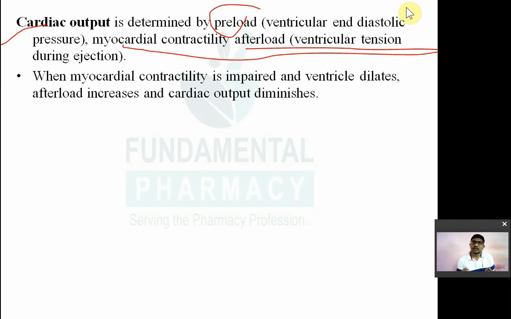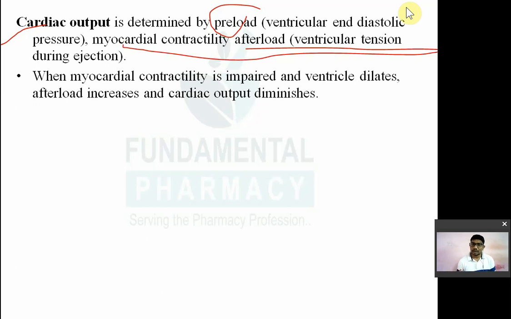The pressure increases. So there will be an increase in the pressure in the pulmonary vein, and an increase in the pressure in the peripheral vessels. Increased pressure in the pulmonary vein causes pulmonary edema and dyspnea, meaning difficulty breathing. Then increased pressure in the peripheral blood vessels causes peripheral edema.